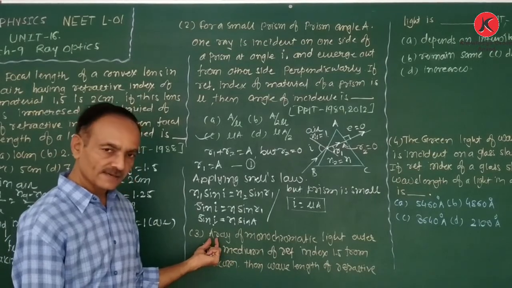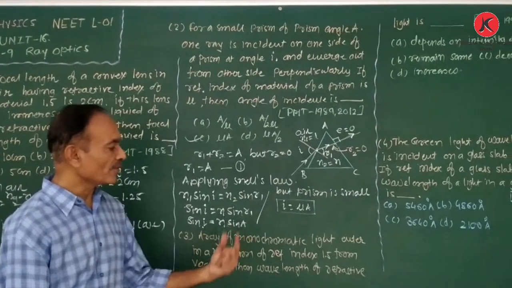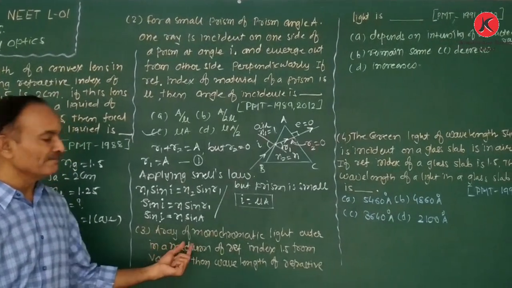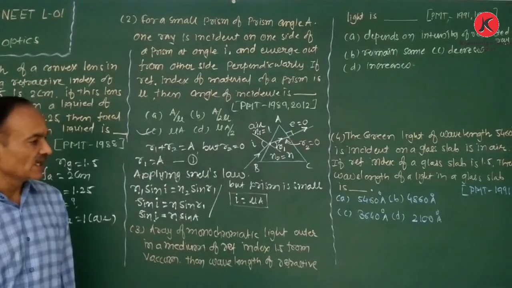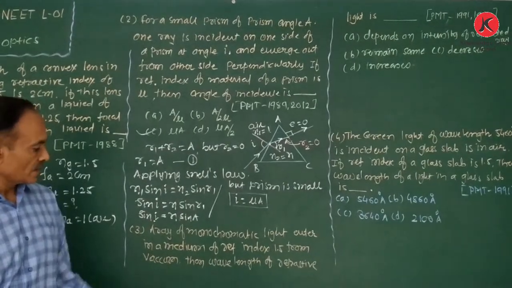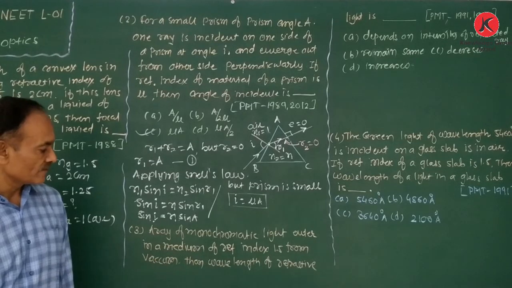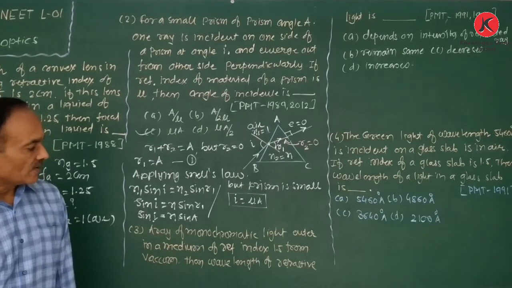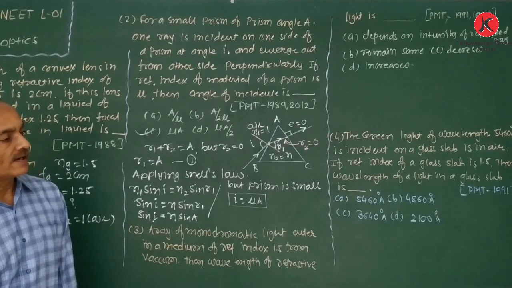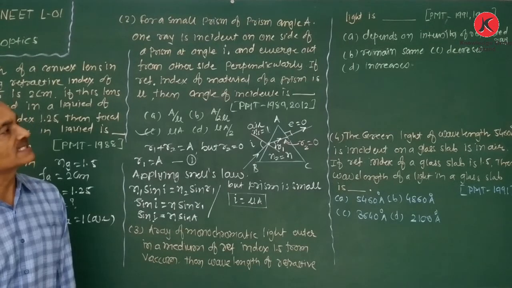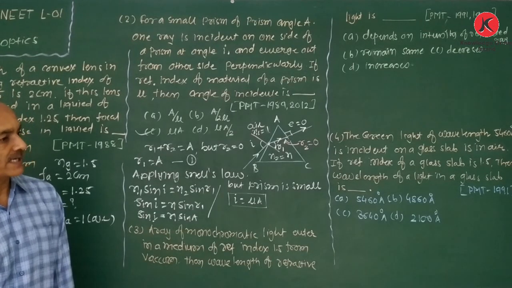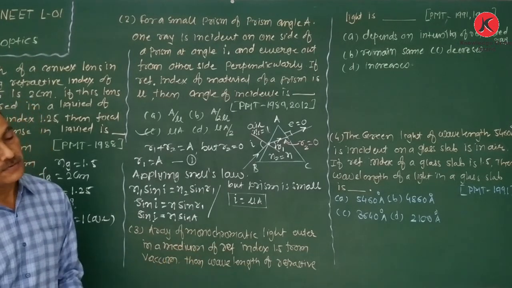Now the third numerical. A ray of monochromatic light enters a medium of refractive index 1.5 from vacuum. What will be the effective wavelength of the refracted light?